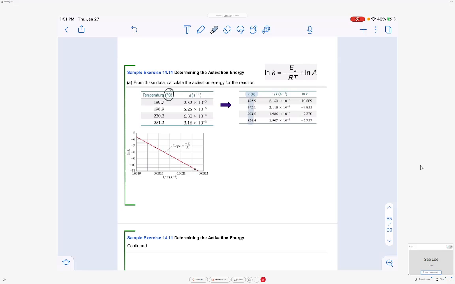All the rate constants are now changed to natural log of the rate constant. For the temperature that has been converted to Kelvin, if you do 1 divided by these values, you get this data. And if you plot this versus this, you will get this.